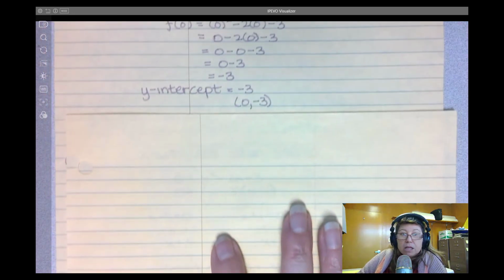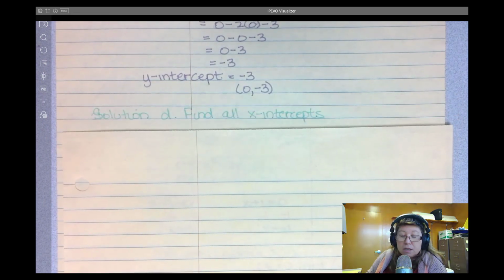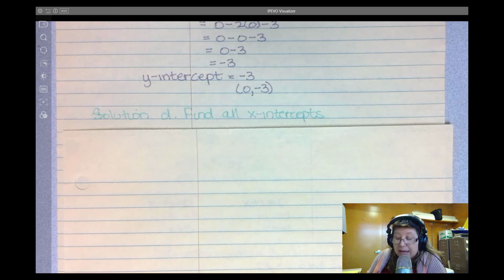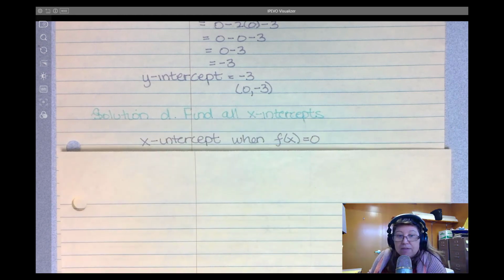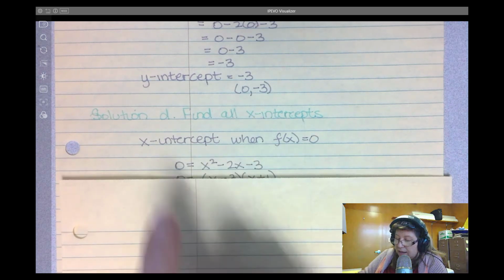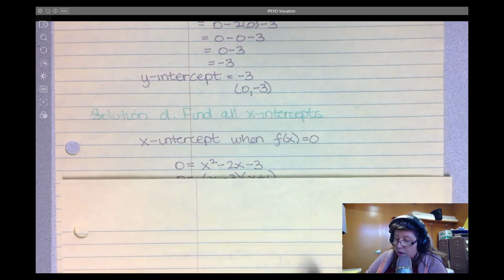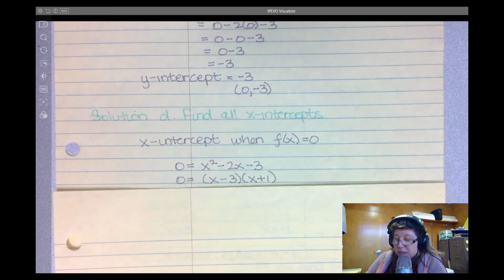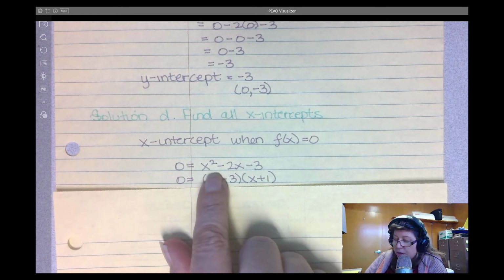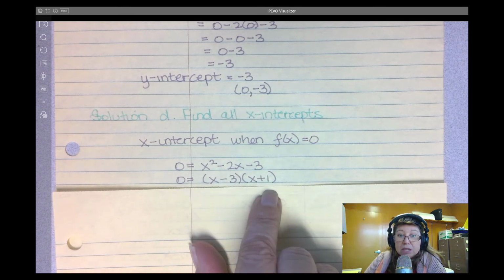The next thing we want to do is find all the x-intercepts. When we're looking for x-intercepts, that means our f of x equals 0. In other words, our y equals 0. Now I'm going to solve for all values that cause that to be 0. x squared minus 2x minus 3 factors into (x minus 3) times (x plus 1).